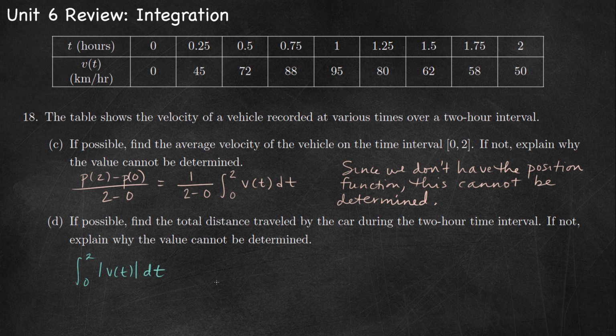So I'm not really concerned about a change in direction, but even if we are able to drop our absolute value and say, oh, we just need the integral of v, or p of 2 minus p of 0, we don't have that information. We don't have the velocity function, so we can't get the integral.